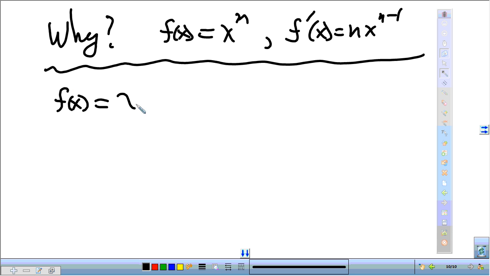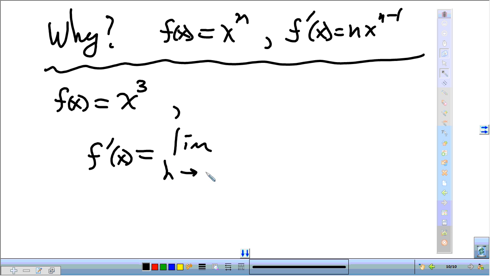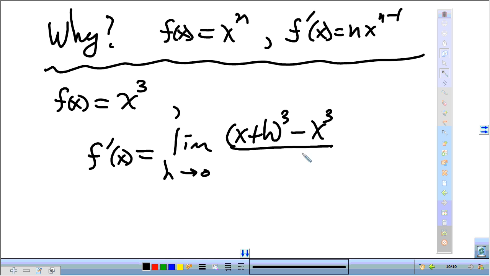So let's take something like x cubed and then look at the derivative. The derivative would be this difference. We would have x plus the change in x, cubed, minus x cubed, all over h.